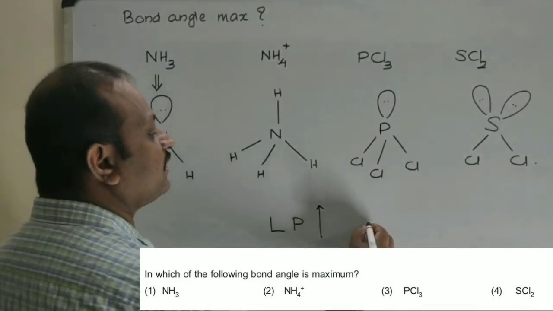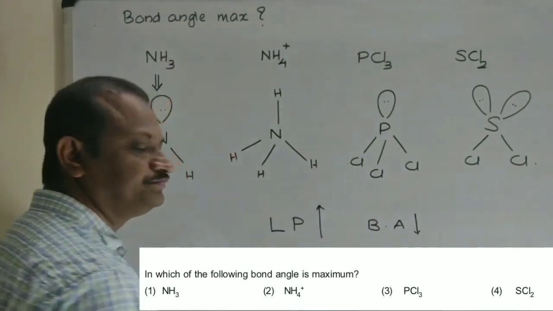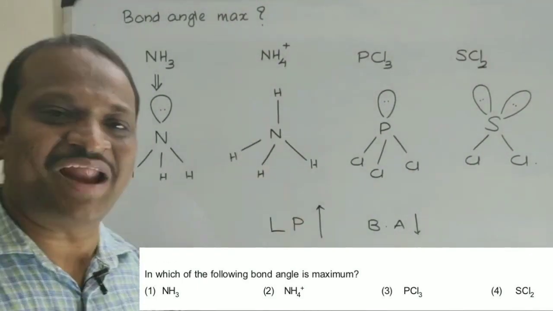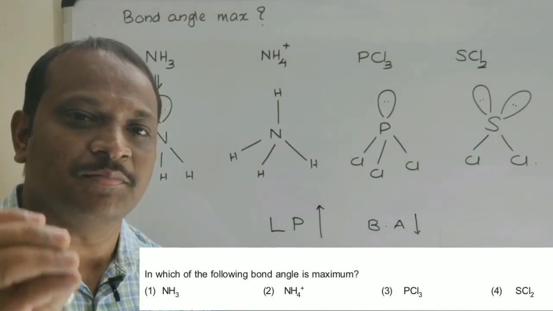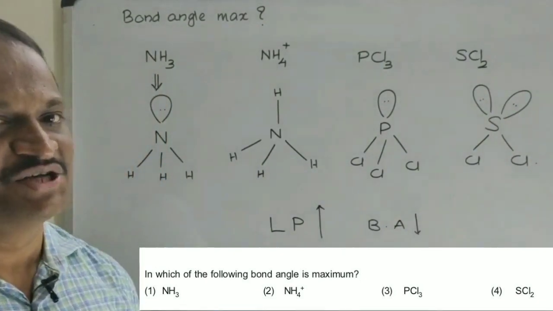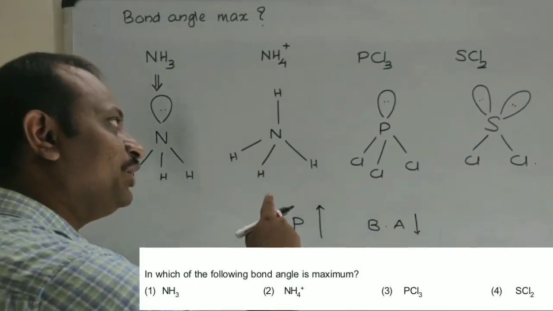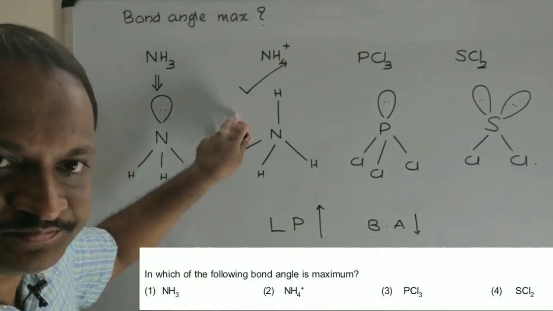If the lone pair increases, the bond angle decreases. In NH4 plus, we don't have any lone pair. If there is no lone pair, it will have the maximum bond angle. So which one has the maximum bond angle? Where we don't have any lone pair. So our answer is the second.